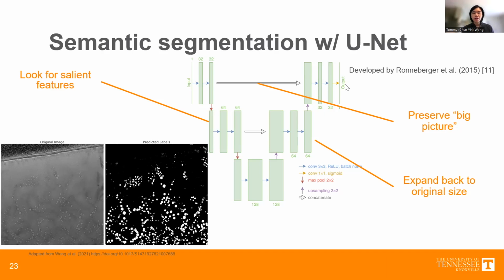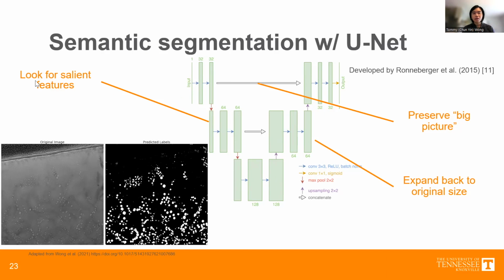So the UNet architecture looks like a U. That's why it's called a UNet. It begins with the input layers, and you increase the number of filters as you go deeper into the network. So it goes from 32 filters in the first few levels, and then to 128 in the middle of the network.